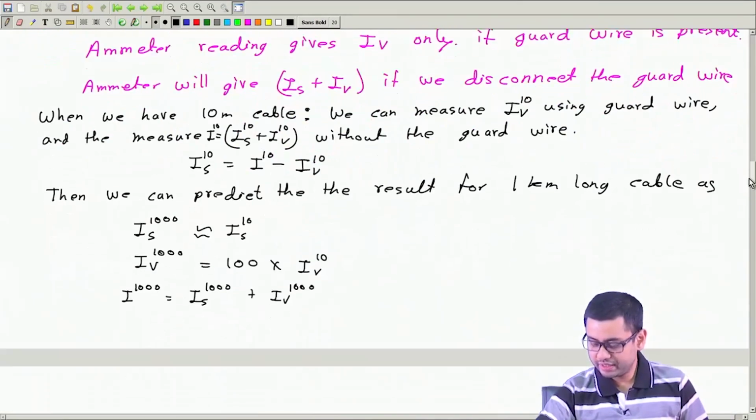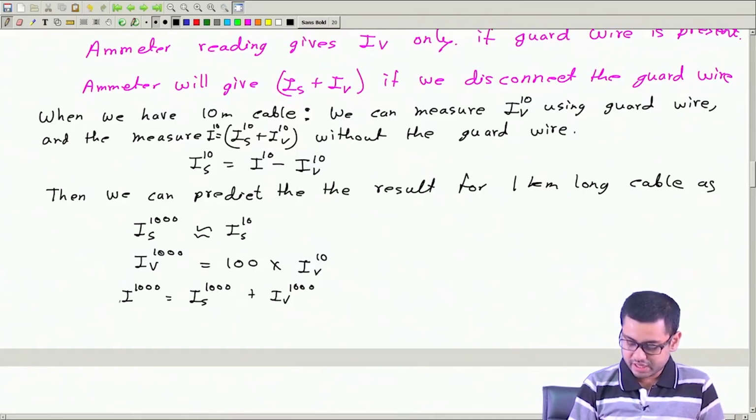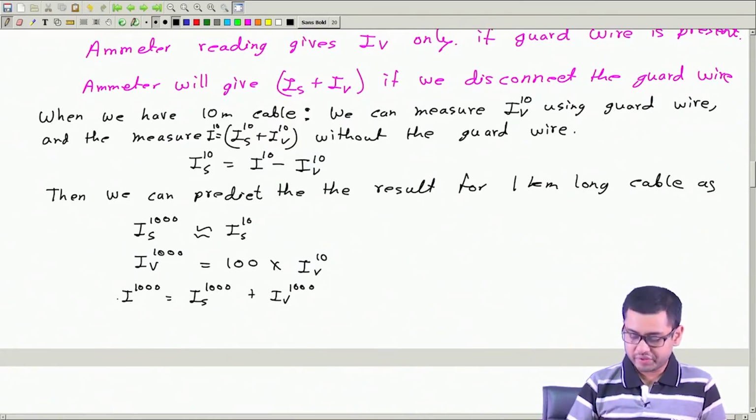So we can predict the current that would have flowed in a 1 kilometer long cable more accurately, considering this surface resistance or surface conductance. If we did not do that, our result would have been erroneous.